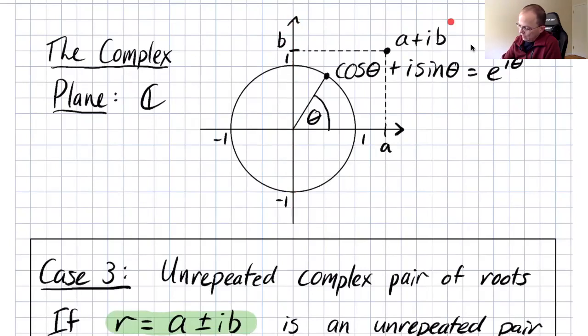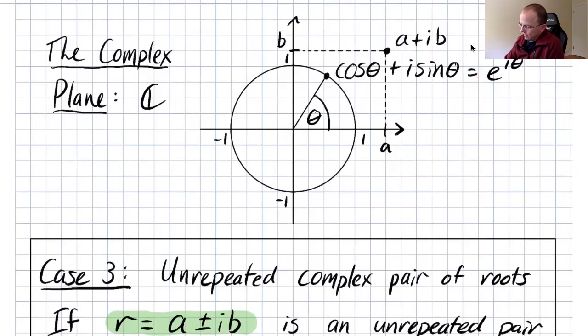If we have A plus I times B, we plot that as this point right here, whose x coordinate is A and whose y coordinate is B. So that is how we think of this point in the complex plane.